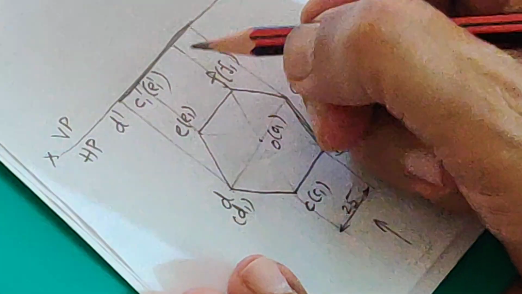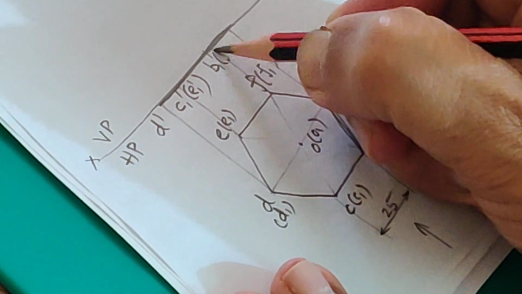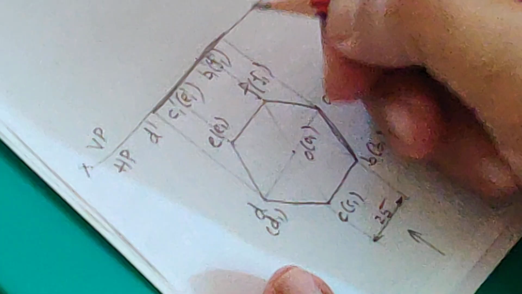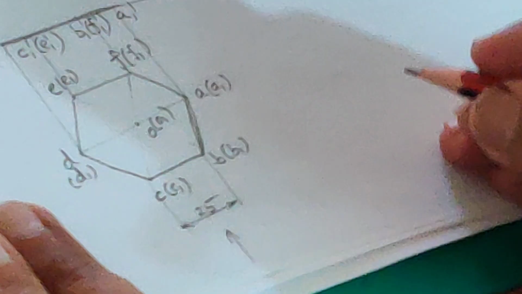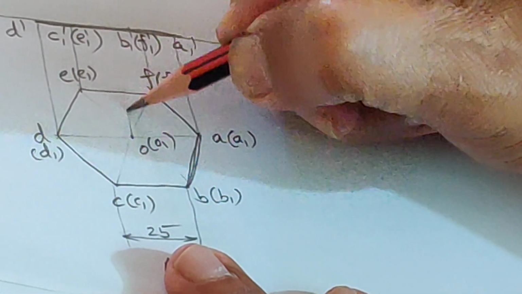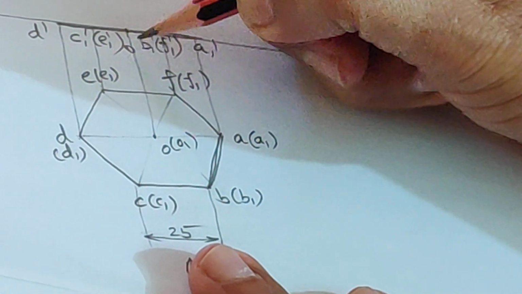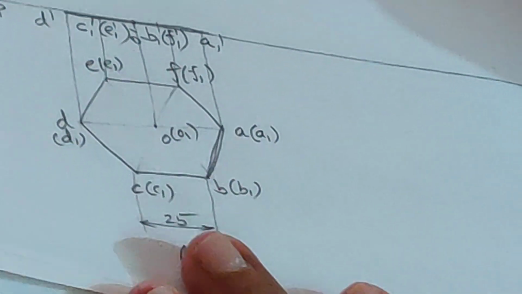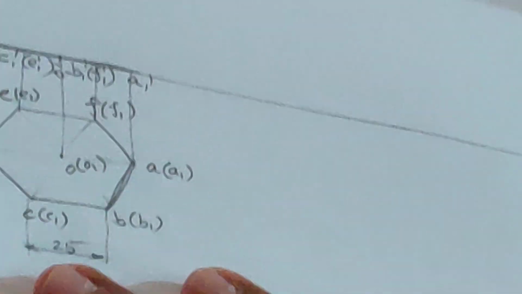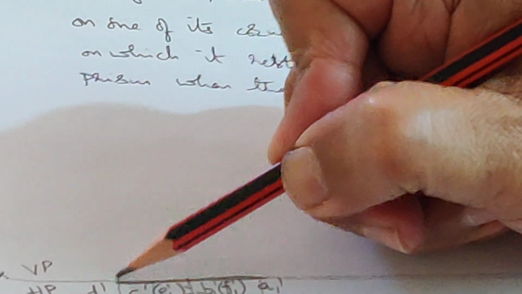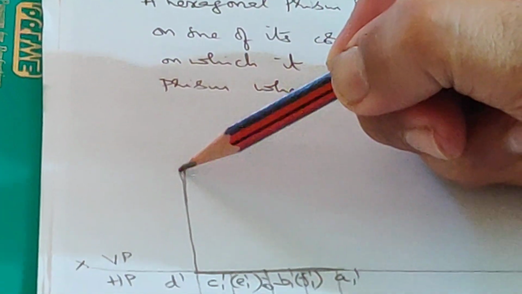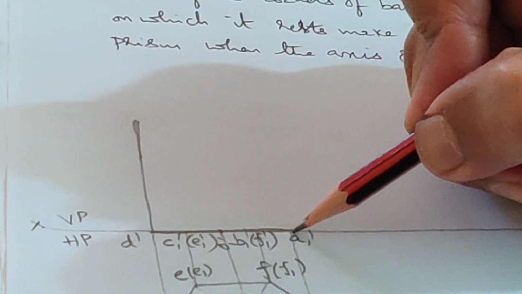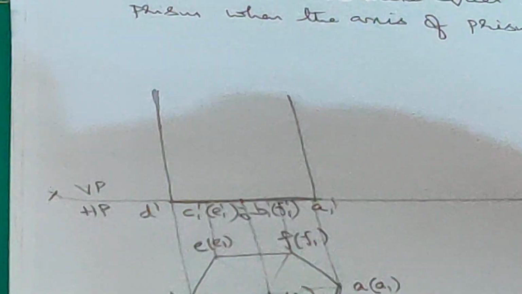B1 visible, F1 invisible. B1 dash, F1 dash, A1 dash. Let me project the axis also. This is o1 dash. Now I am going to take the height as 50. This is 50 mm. Let me complete the front view.